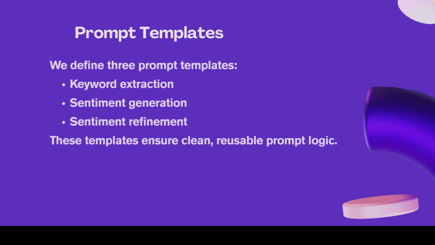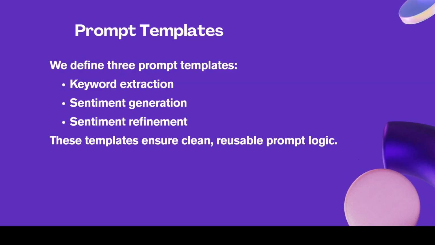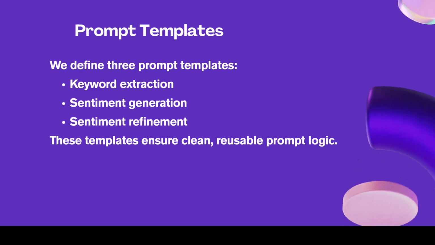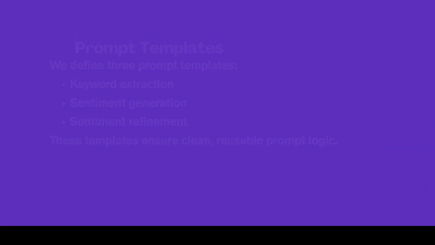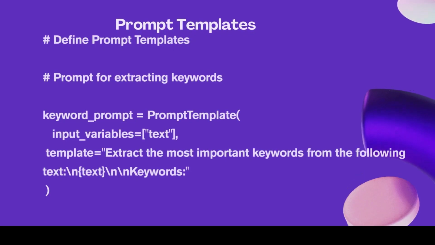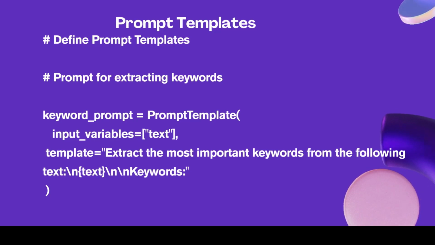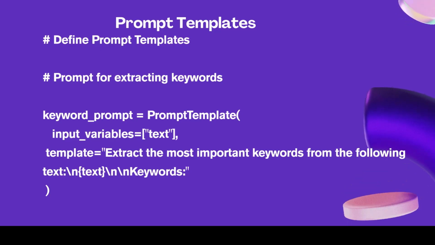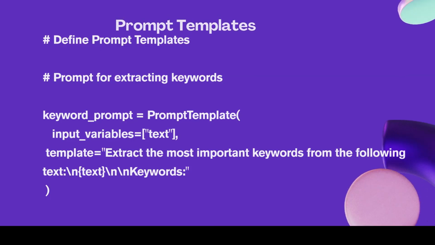Defining prompt templates. We define 3 prompt templates: keyword extraction, sentiment generation, sentiment refinement. This code defines 3 prompt templates for prompt engineering tasks. The first template, keyword prompt, is used to extract important keywords from a given text.